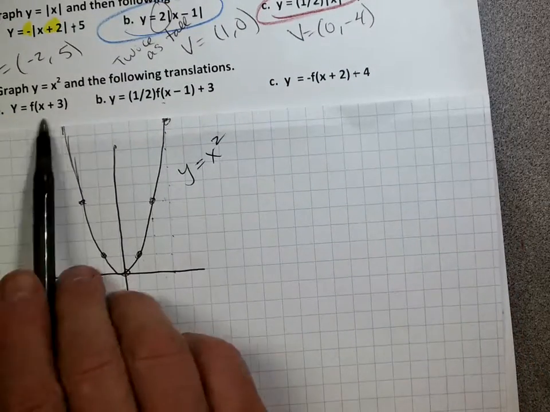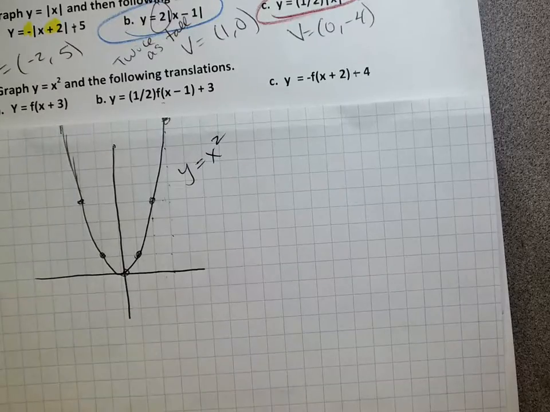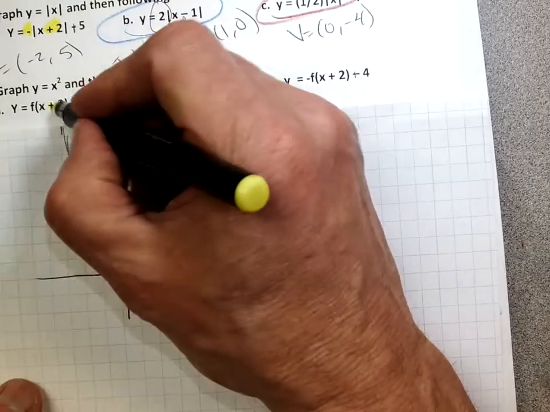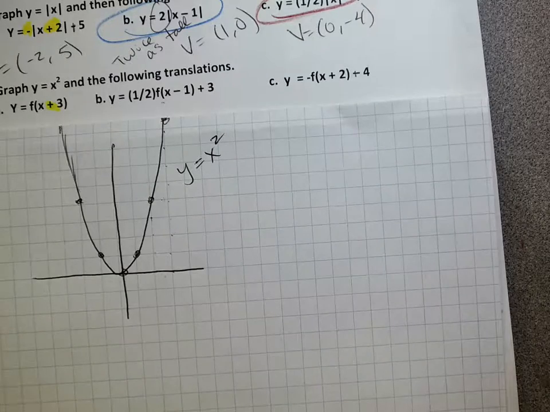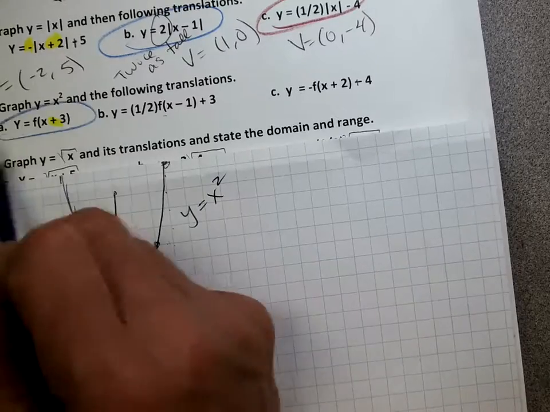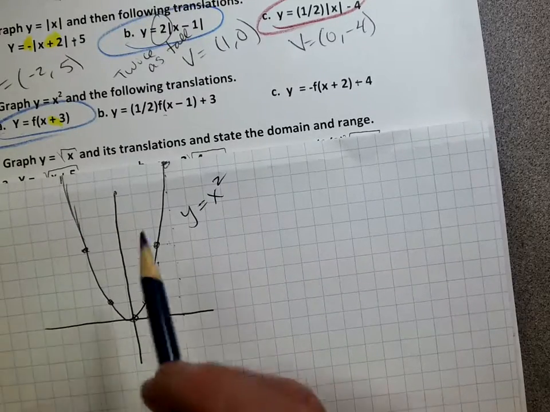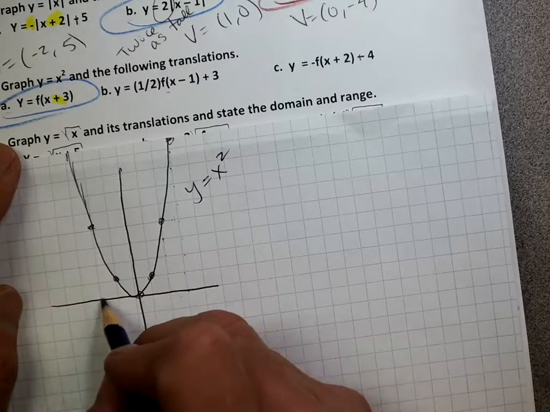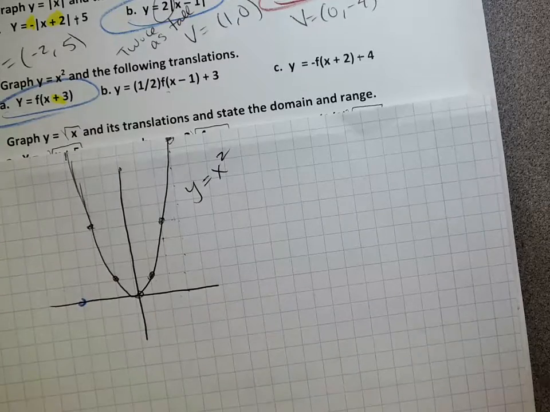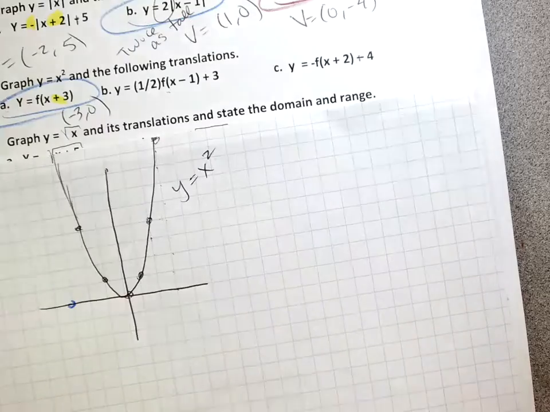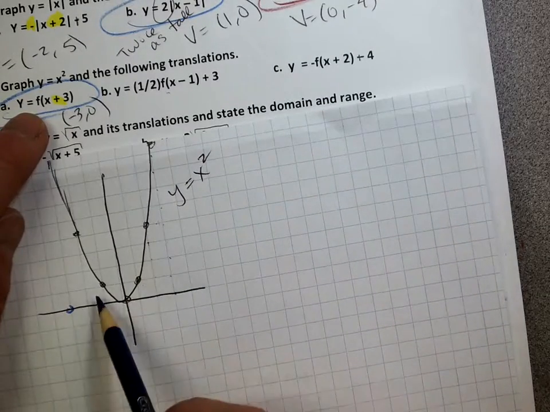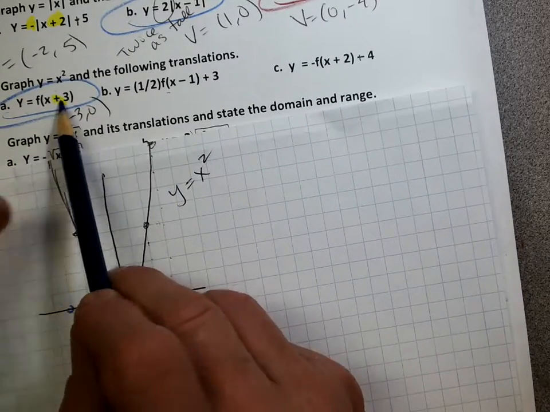Now I'm going to take the parent function and move it back 3. It's always the opposite of the inside. I'll do that one in blue. So I'm just going to take it back 1, 2, 3. The vertex of this one is at -3, 0. I just took the vertex back 3 because it's the opposite of the inside.